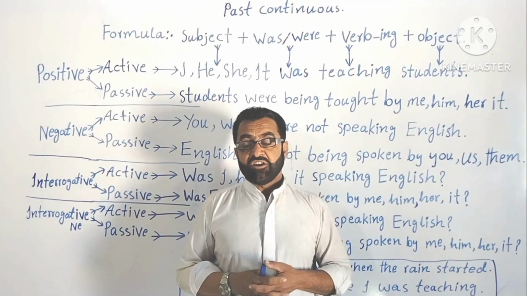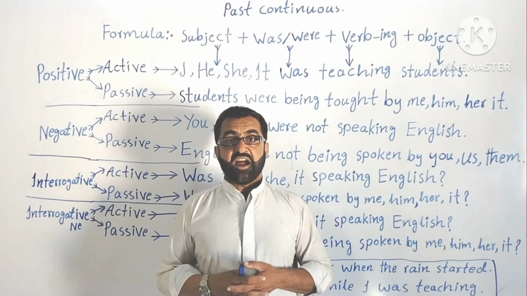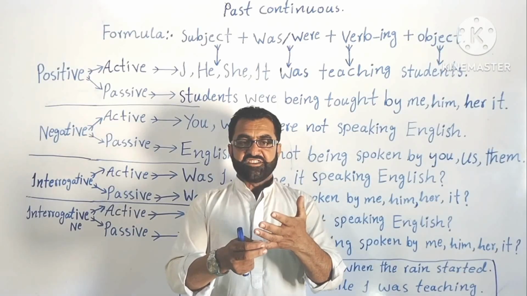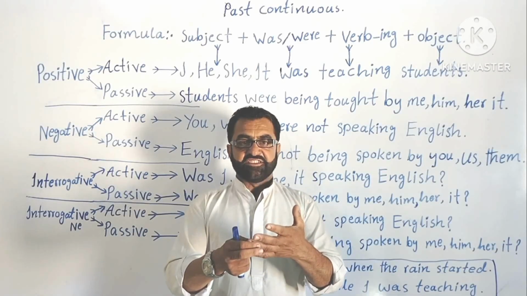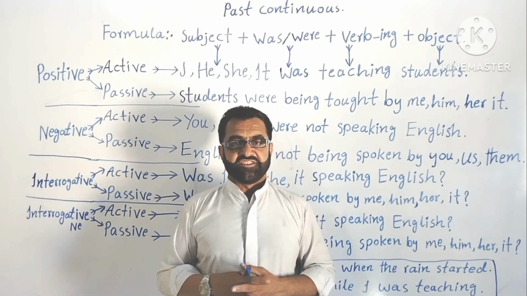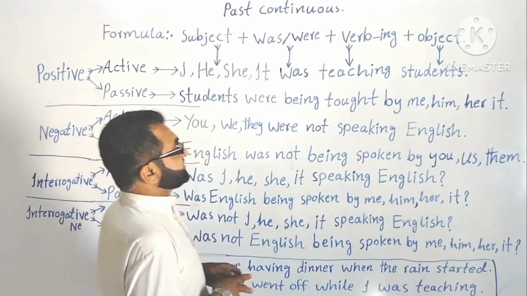And the last thing I want to tell you is that the sentence has kinds. It has variants like positive sentence, negative sentence, interrogative sentence, interrogative negative sentence. Understood? Now let's go to the examples.